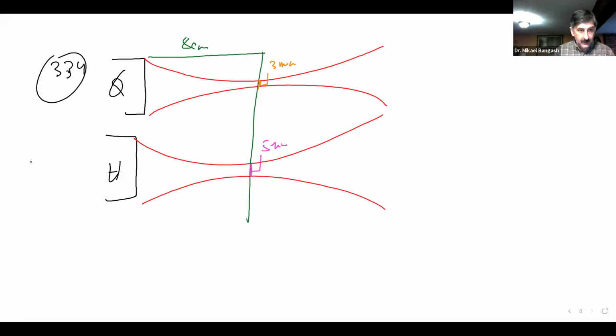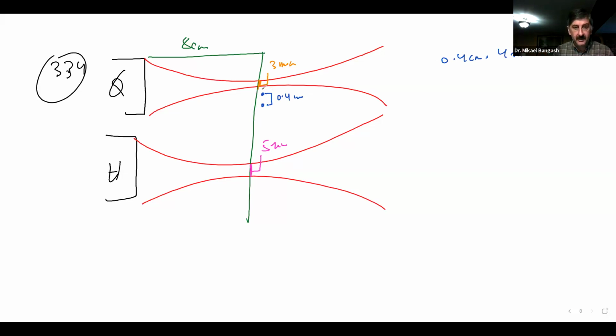So what they mainly say is that we have two structures at this depth, and the distance between them is 0.4 centimeters. Please keep in mind that 0.4 centimeters equals 4 millimeters.